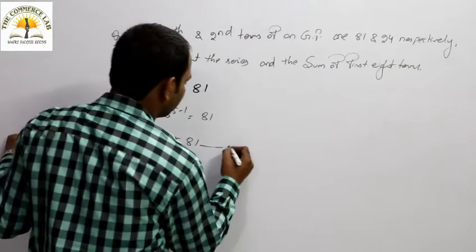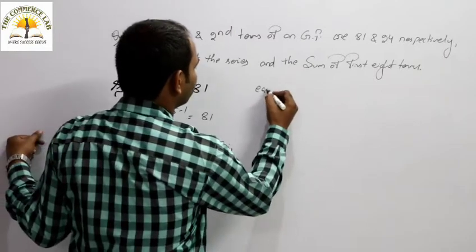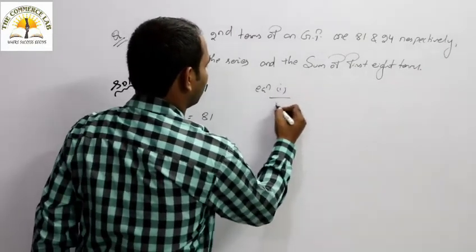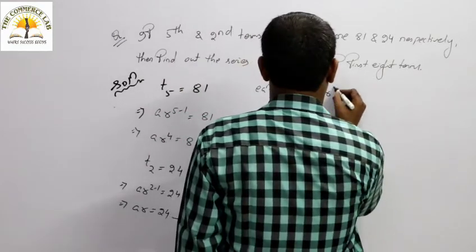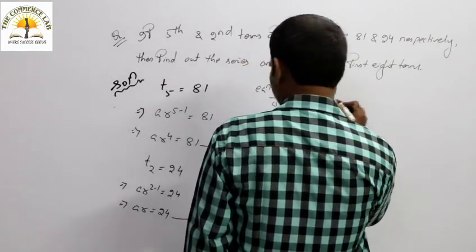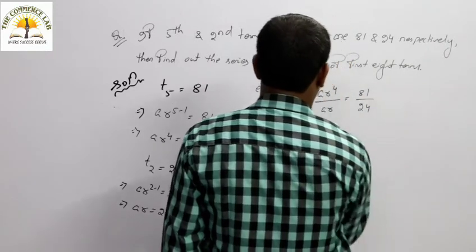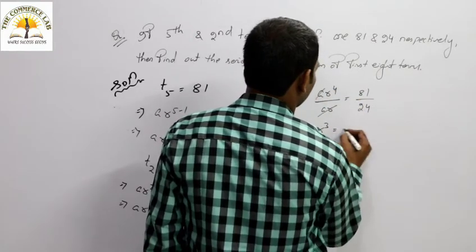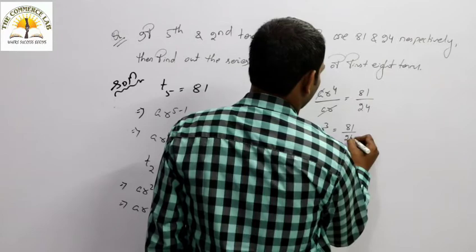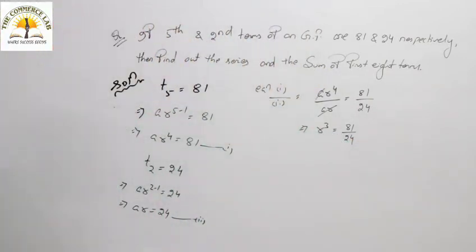By dividing equation 1 and 2, we have AR to the power 4 by AR is equal to 81 by 24. By solving this, A cancelled, R cube is equal to 81 by 24.